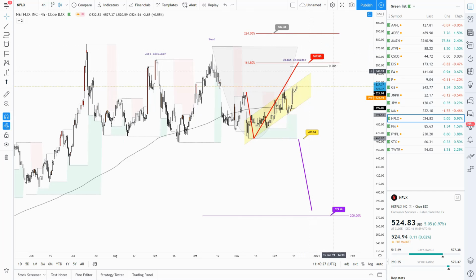The market needs to form the handle later, so we still need the price to approach the previous structure highs, and then a bullish flag should be printed with the price forming the handle, and that will offer an opportunity to trade higher with Netflix.